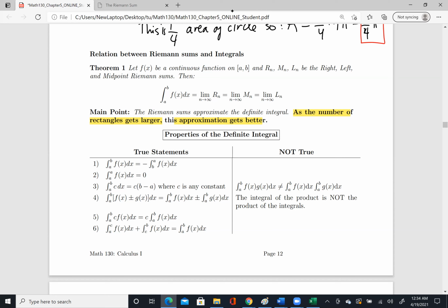Any integral of any f of x over the interval from a to a, just a single point, should be equal to 0. The integral from a to b of c dx will be equal to c times b minus a, where c is any constant.